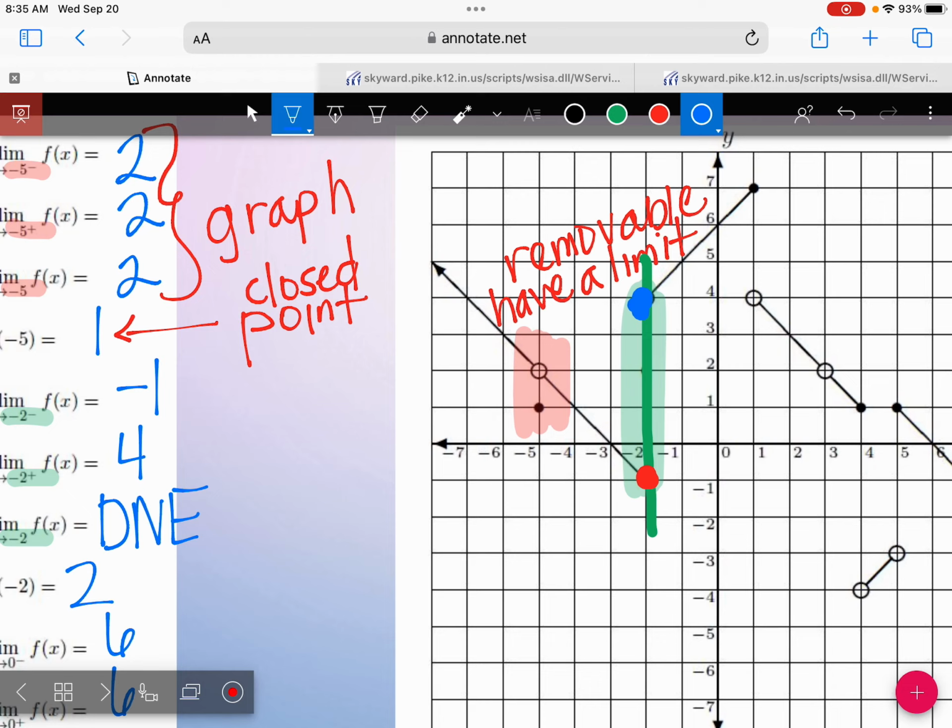They don't touch at the same place. That's a jump. So the answer to number 5 is where my red point is, and the answer to number 6 is where I put my blue point. Because they are not the same, 7 is D and E. So these 3 are asking about the graph.